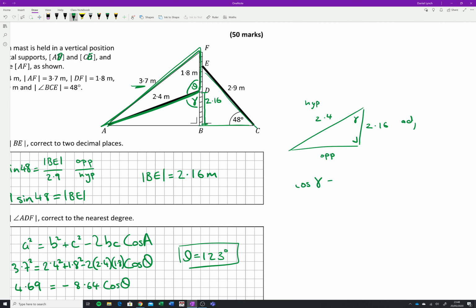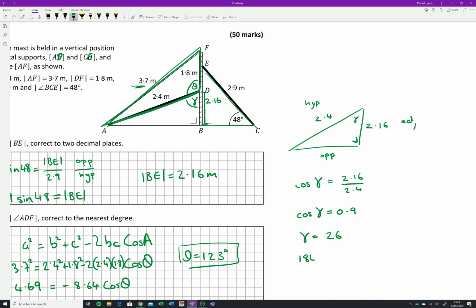So we could have said cos gamma is equal to adjacent, 2.16, over hypotenuse, which is 2.4. 2.16 divided by 2.4 gives 0.9. So if we do cos inverse of the answer, it turns out that we get 26 degrees.